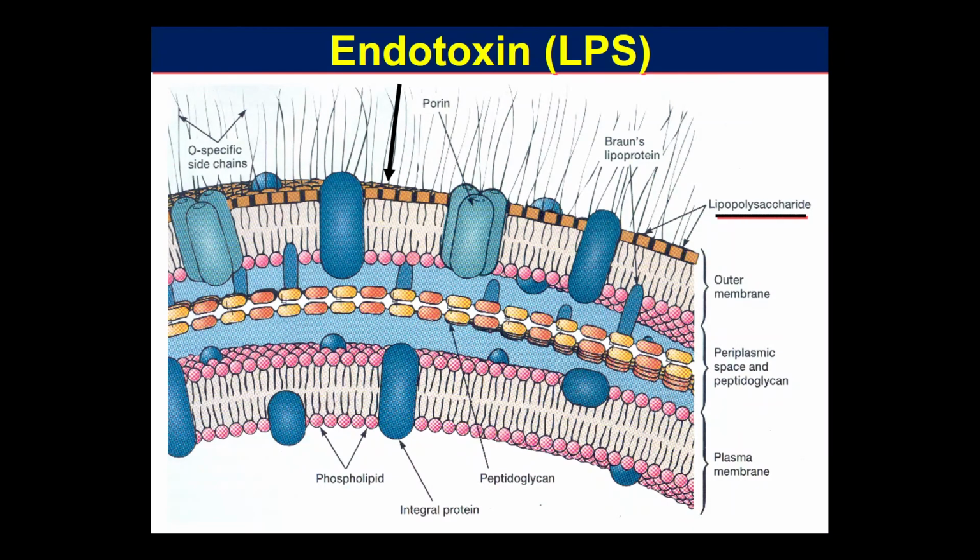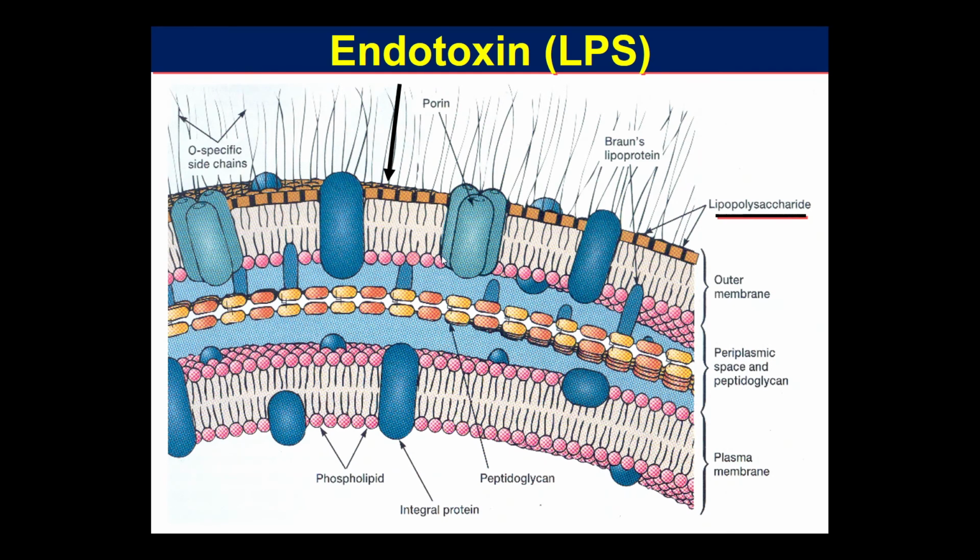A few words about endotoxins. Endotoxins are an integral part of the outer membrane of the cell wall of gram-negative bacteria. You know that the cell wall of gram-negative bacteria consists of the plasma membrane, a small layer of peptidoglycan, and the outer membrane.